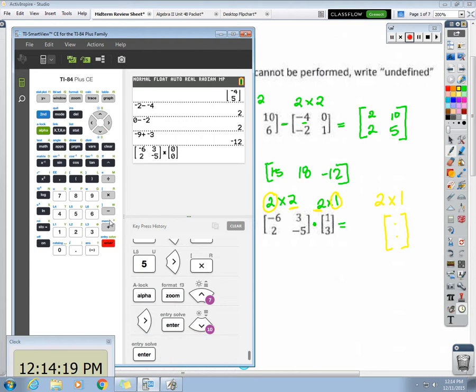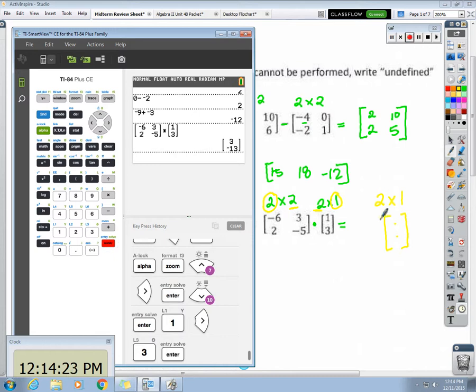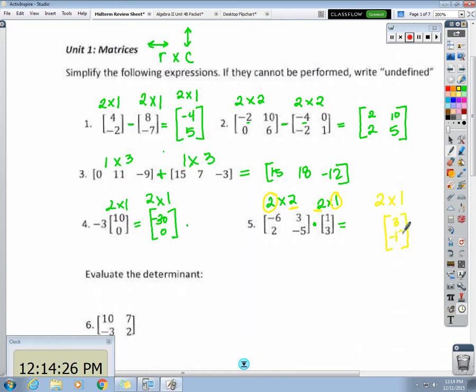Okay, and its elements are 1 and 3. And then once you hit enter, it gives you your answer, 3, negative 13. Okay, any questions so far?